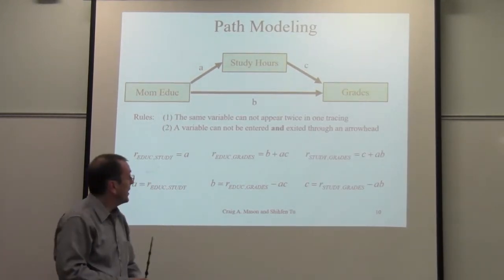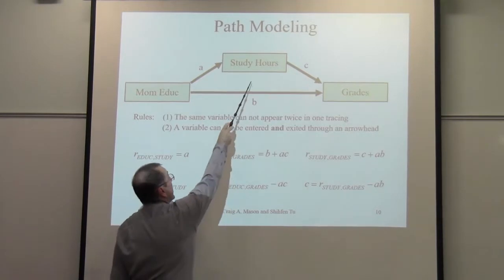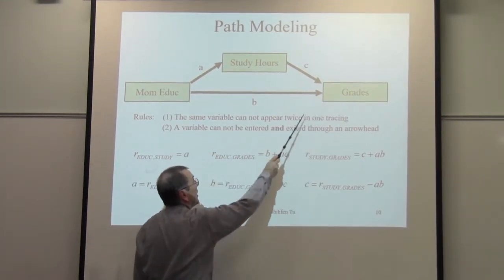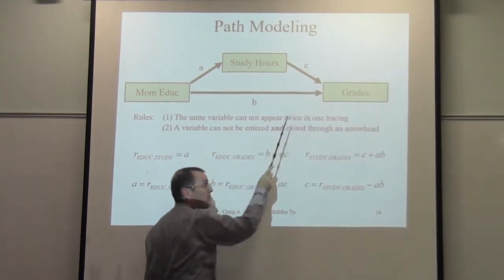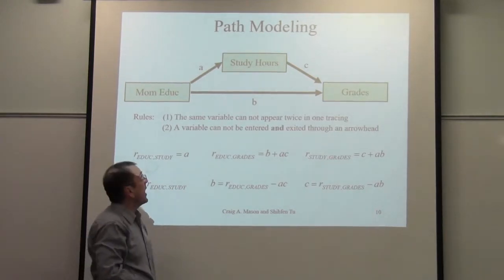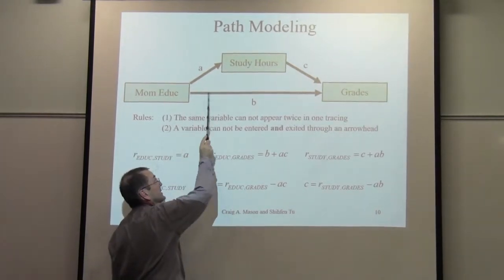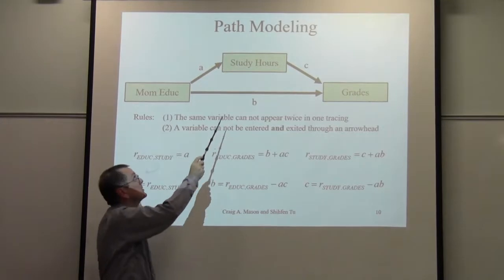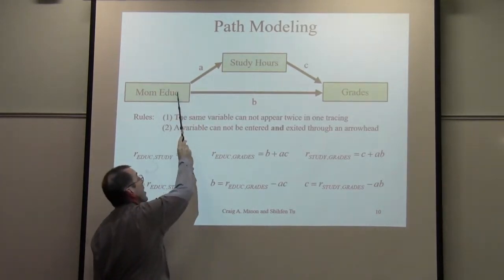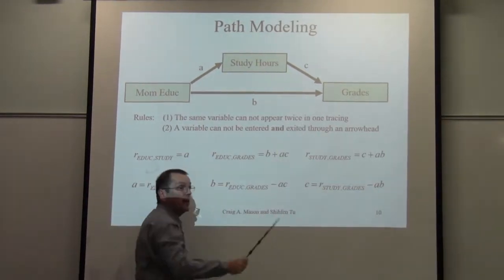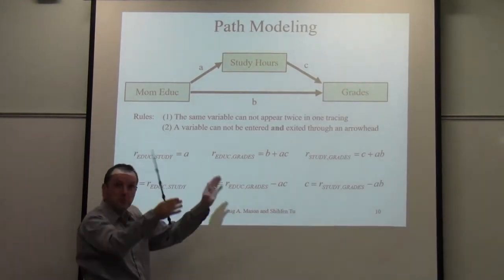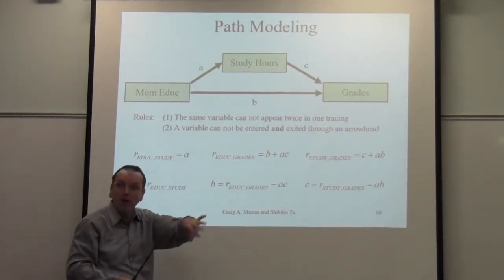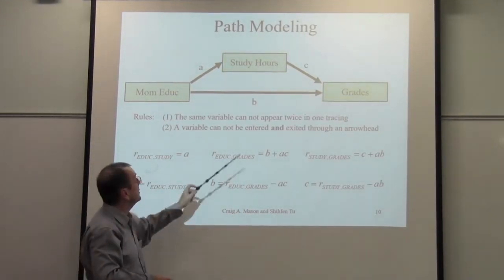Finally, the correlation between study hours and grades, well, we talked about that's equal to C. And we talked about this path meets the rules. From study hours to mom's education to grades is okay, because again, that's that spurious correlation that's part of the correlation between the two.